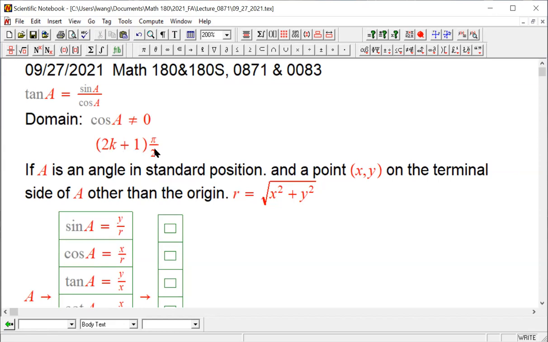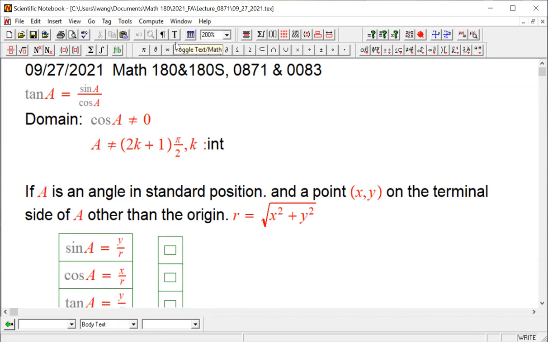The angle cannot equal odd number multiples of pi over 2. Does that make sense to you? That's the domain for tangent. How about cotangent?